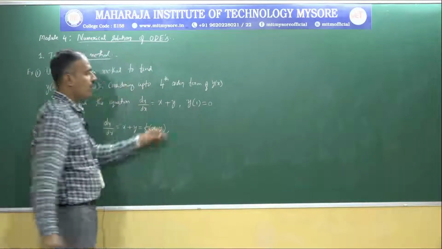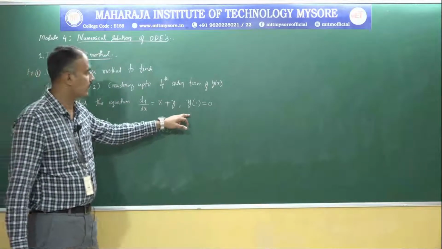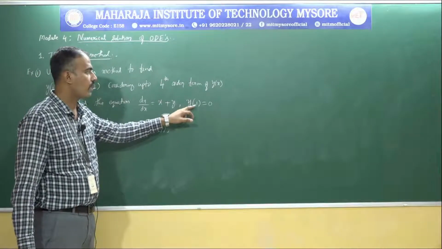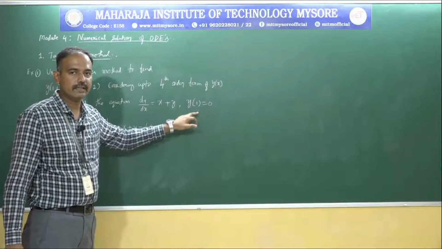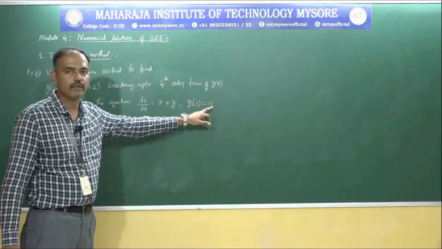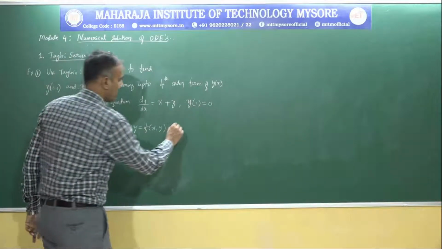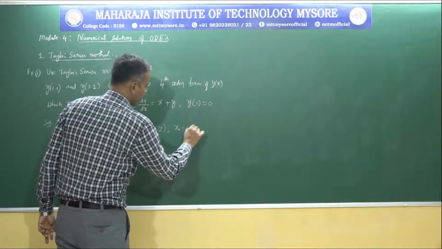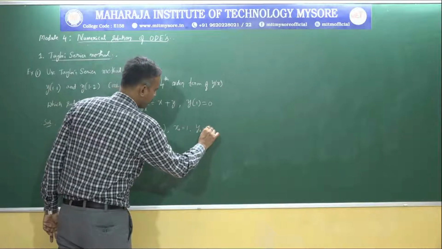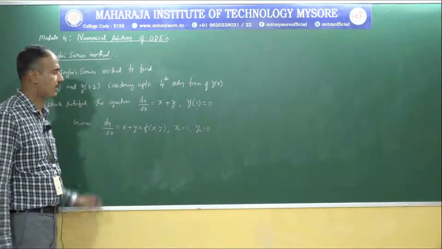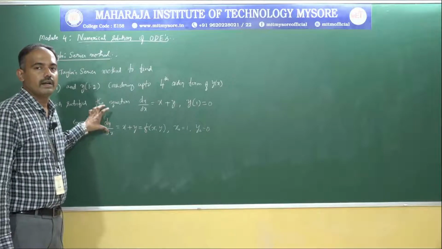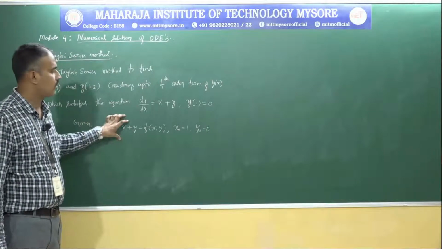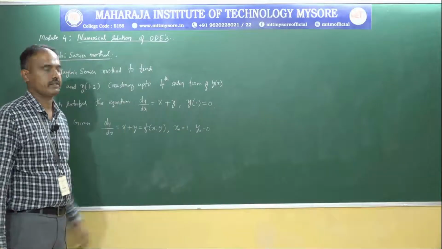Initial condition: y of 1 is equal to 0. In general, y of x naught is equal to y naught. Compare here: x naught value 1, y naught value 0. First we represent the given data in terms of the function along with the initial conditions here.